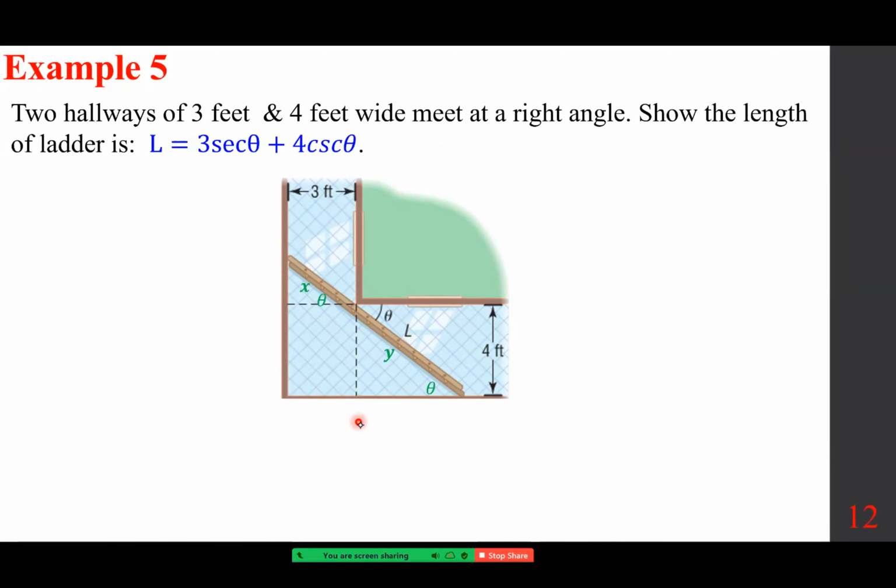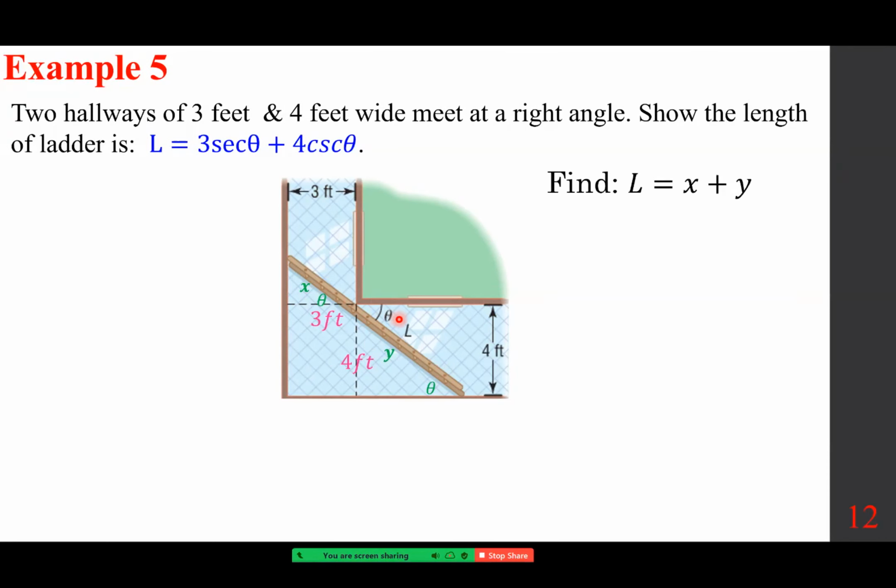So we want L, which is this distance X, and this distance Y. We want it, and again, 3 feet, 4 feet, theta. So I'm putting everything there so everybody is clear. Again, this is 3 feet, so is this one. This is 4 feet, so is this one.